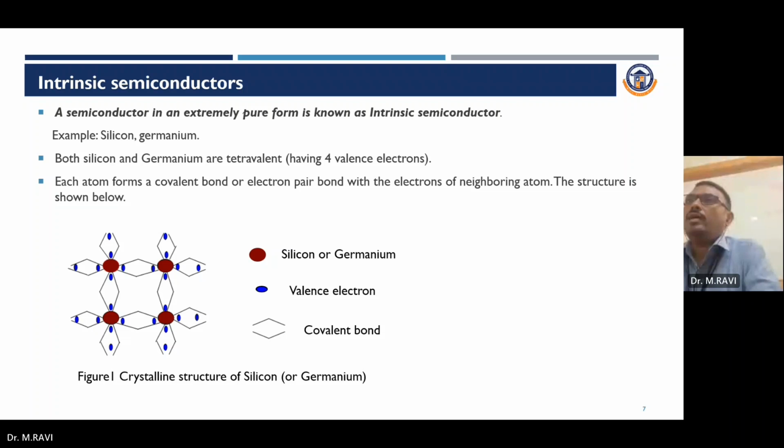The crystalline structure of silicon and germanium. This is the crystalline structure.